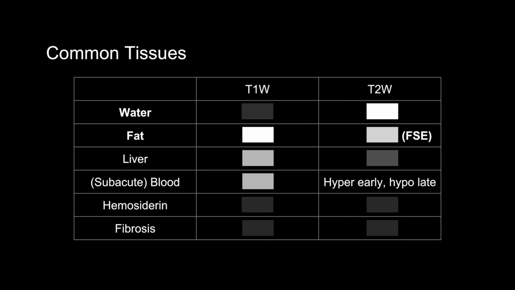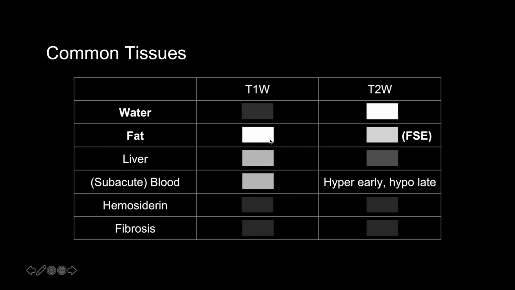So again, MRI is looking at hydrogen molecules in water and in fat. And we talked about pure water and pure fat on the last slide. We've also displayed these in the first two rows, so pure water and pure fat. So water is going to be T1 relatively dark and T2 pretty bright or very bright.